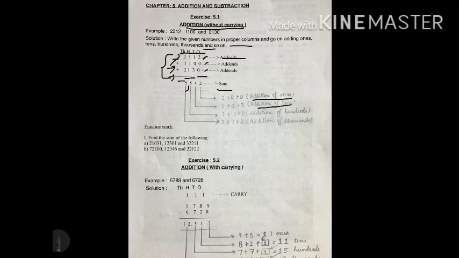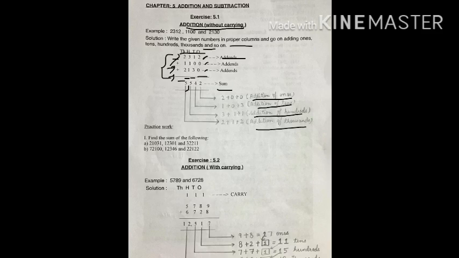Then next we will add hundreds place digits, that is 3 plus 1 plus 1, that is 5. And then we will add thousands place digits, 2 plus 1 plus 2, that is 5. So this way we do the addition. Some practice sums I had given to you students, so do complete this work.